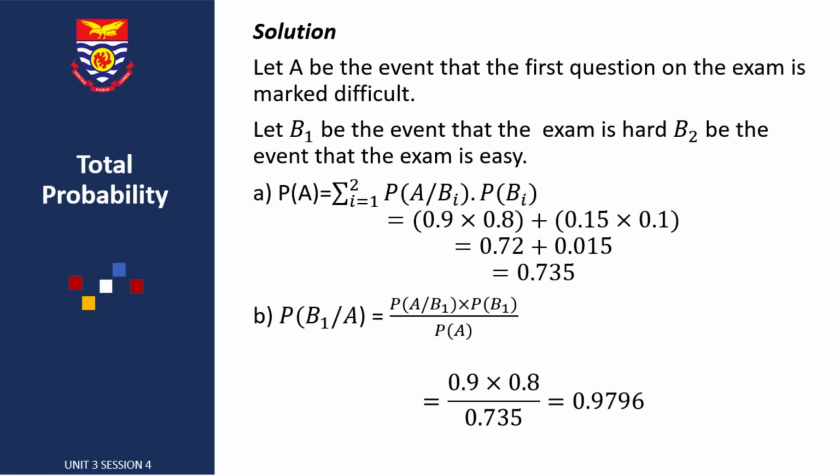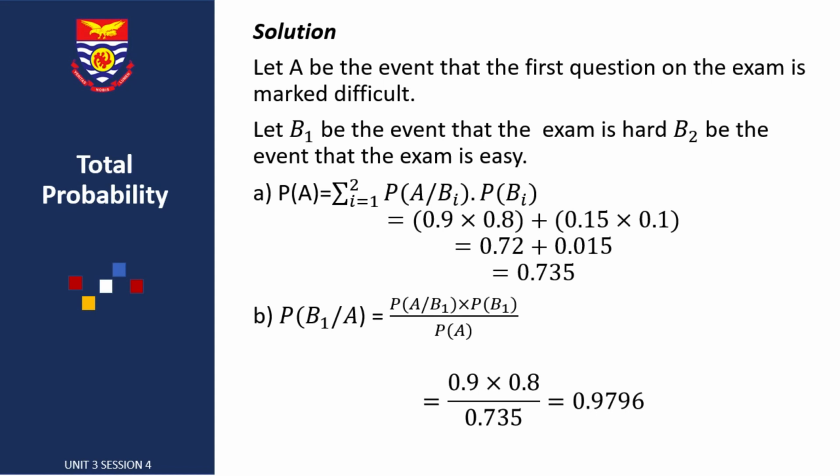That's the probability of A, and the probability of A will be equal to the summation from i equals 1 up to 2 of the probability of A given Bi times the probability of Bi. We have B1 and B2, so the probability of A will be the probability of A given B1 times the probability of B1, plus the probability of A given B2 times the probability of B2. You get it now, right?